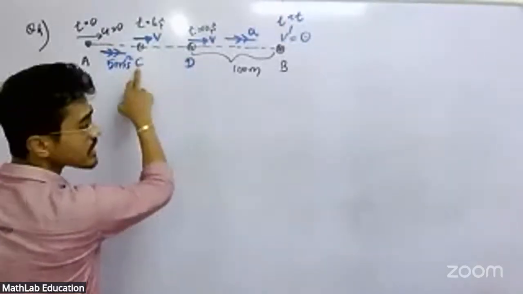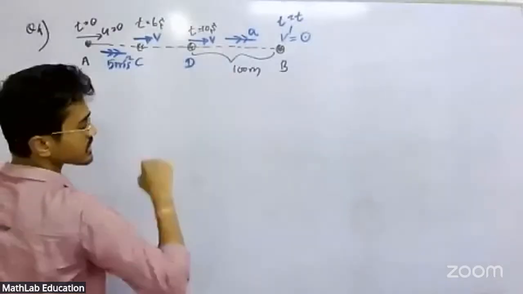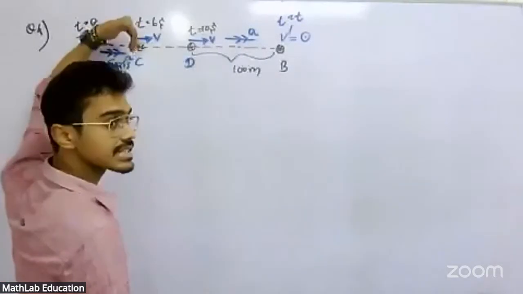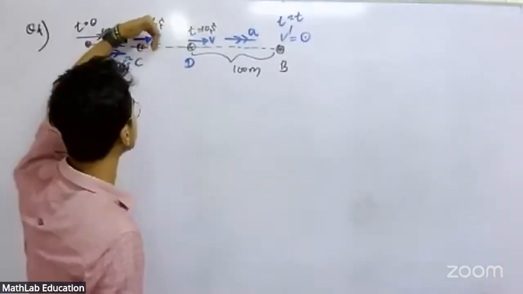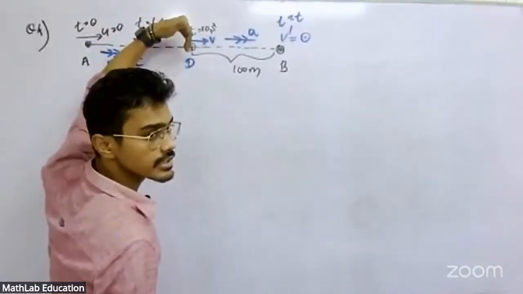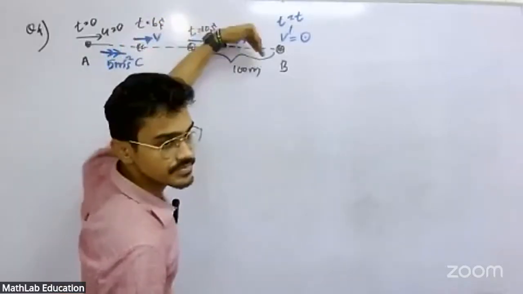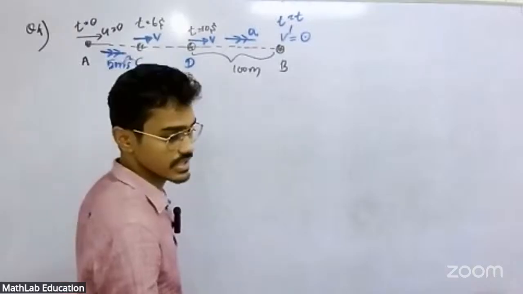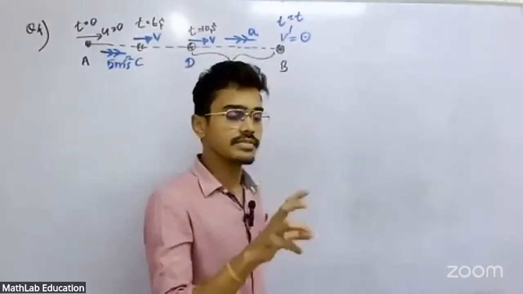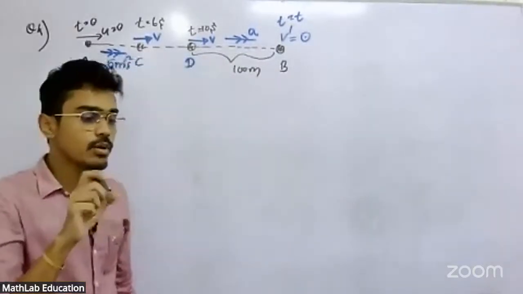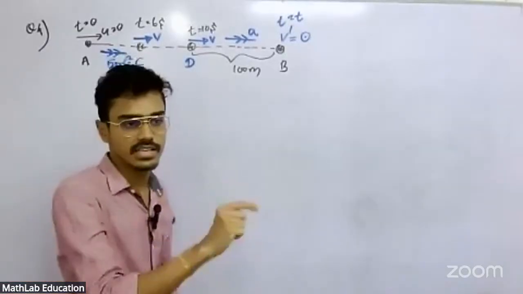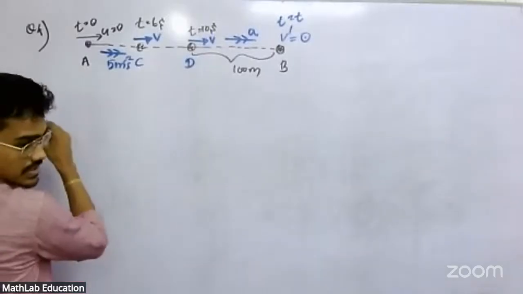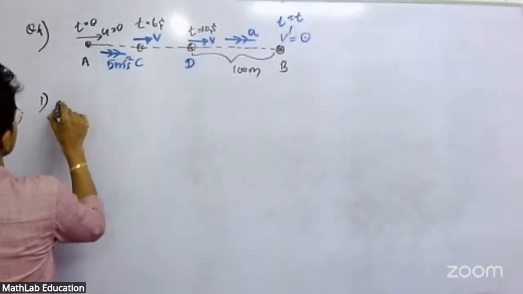So my first observation is maximum velocity is reached at C. And that same maximum velocity is continued until D. After D to B, there is decreasing velocity. So the first question is about maximum velocity, and my first identification is maximum velocity occurs at C. Right?